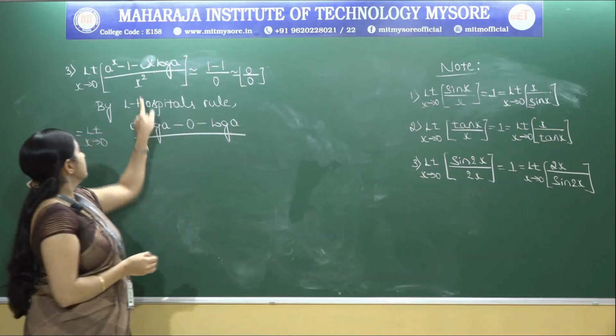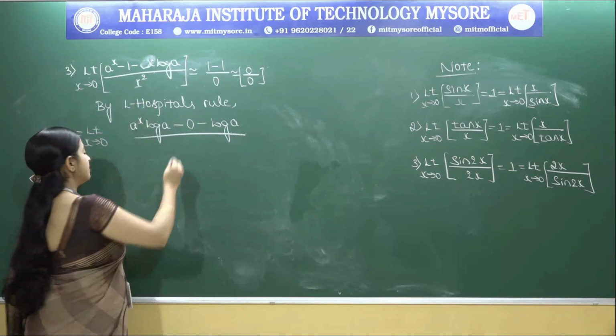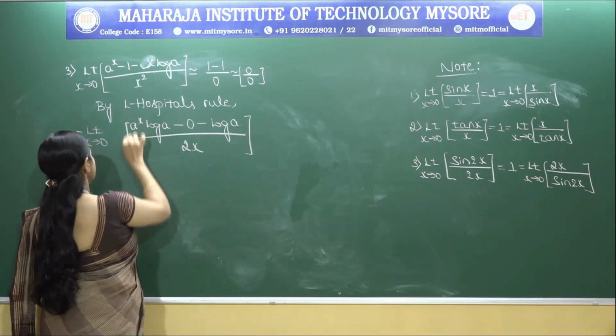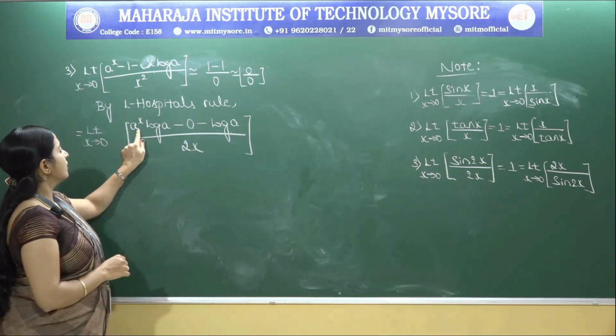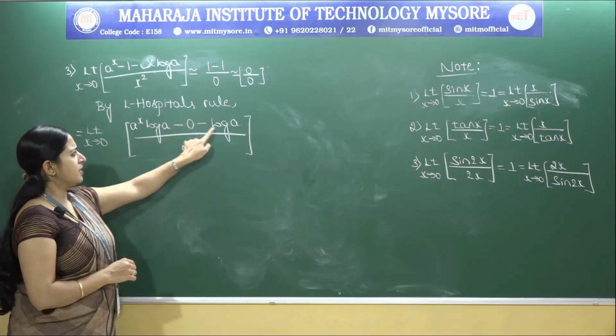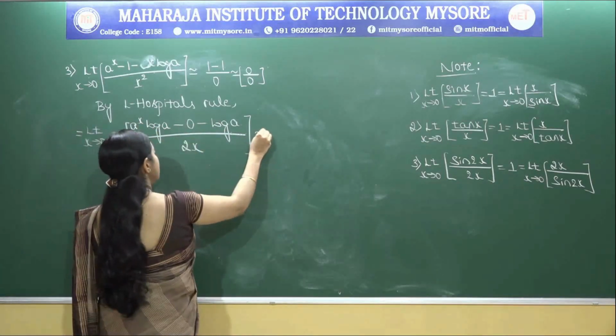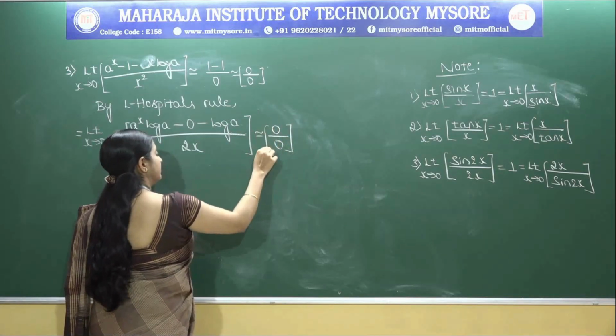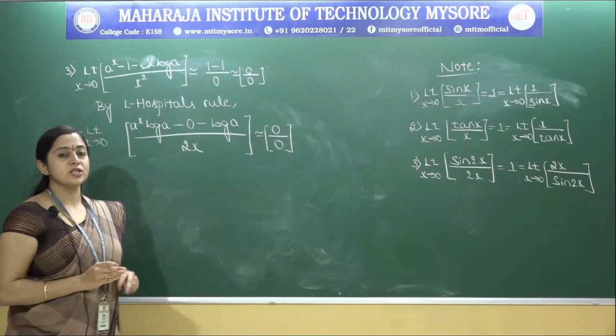Denominator, since you have x square, the differentiation of x square is 2x. So as x tends to 0, a power 0 is 1, log a minus log a, again you will get the numerator is 0, denominator is 0. Again it tends to 0 by 0 form.